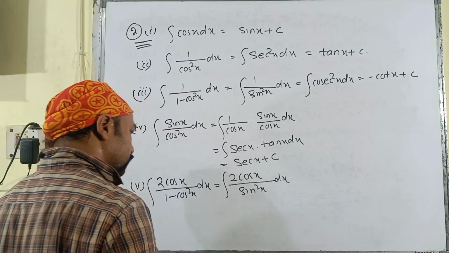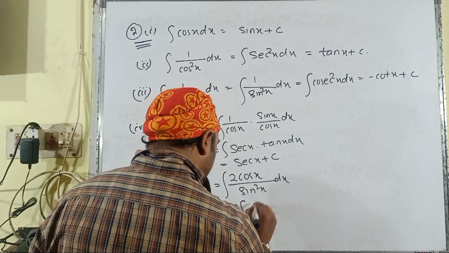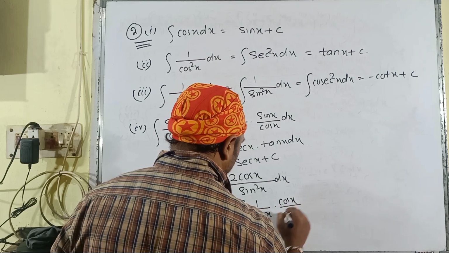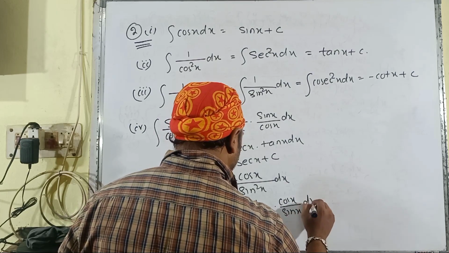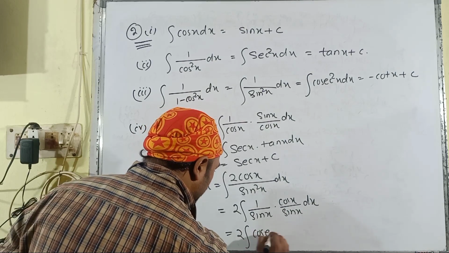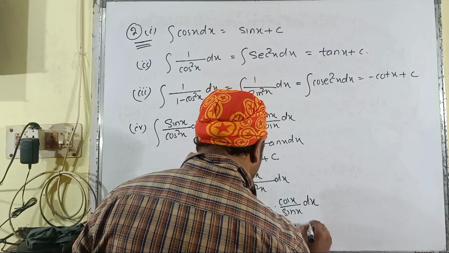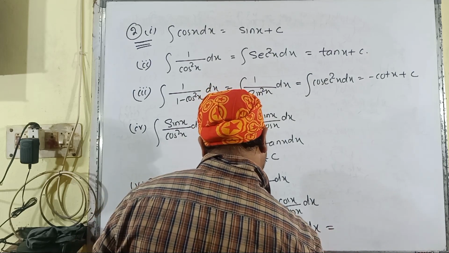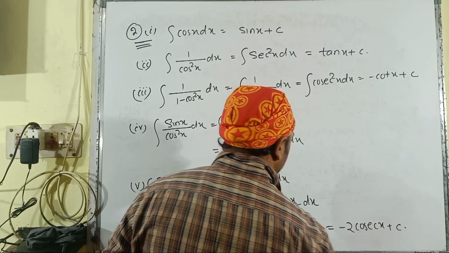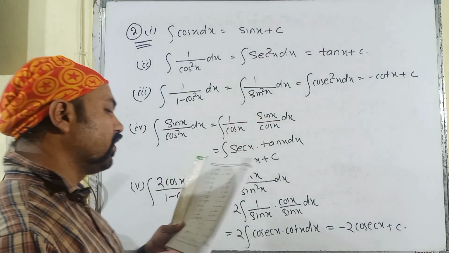So it will be 2 multiplied with integral of 1 upon sin x multiplied with cos x upon sin x dx, which will be equal to 2 multiplied with cosec x multiplied with cot x dx. So its integral will be minus 2 cosec x plus any constant c, and that will be the answer for the fifth bit of number 2.